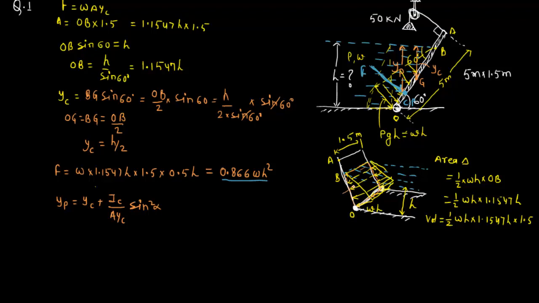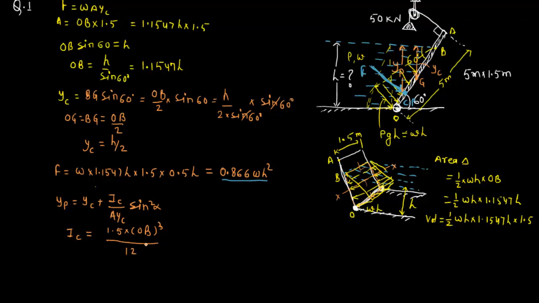The moment of inertia of this gate about its self axis, let me say this x axis, we can calculate easily. IC will be equal to, obviously width is 1.5, so B into h cube. H is OB here for this submerged body, so this is B OB cube by 12.